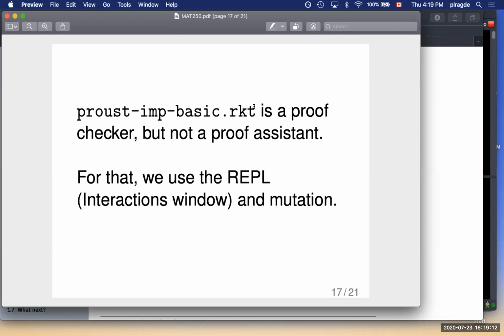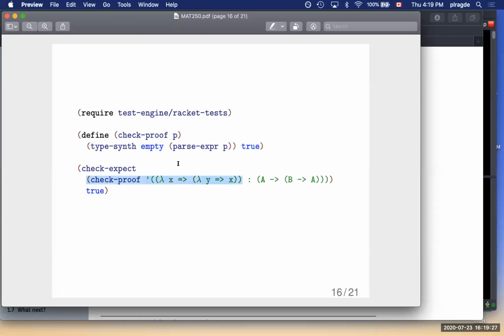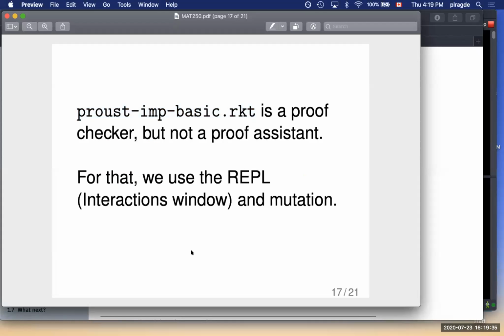Okay, so that's how we would use this version of Proust that I sketched for you. And this is provided for you in basic Proust for implication. But it's a proof checker. There's no assistance. You have to provide it with that complete proof. Otherwise, it's not going to create it for you. So how do we do a proof assistant? Well, a proof assistant involves interaction.